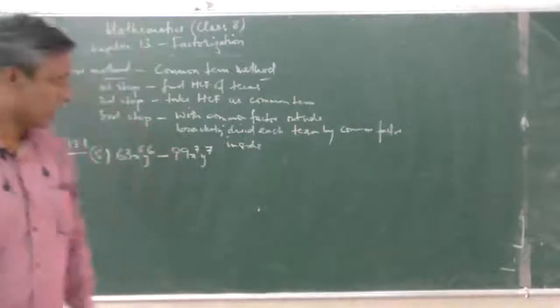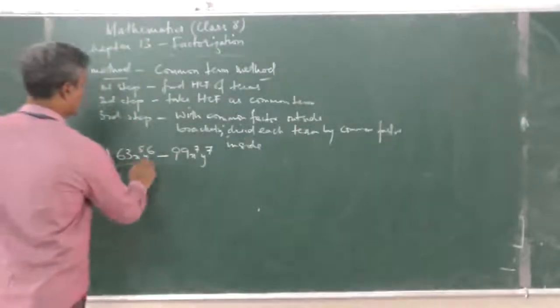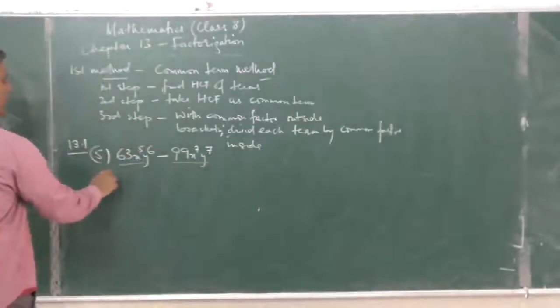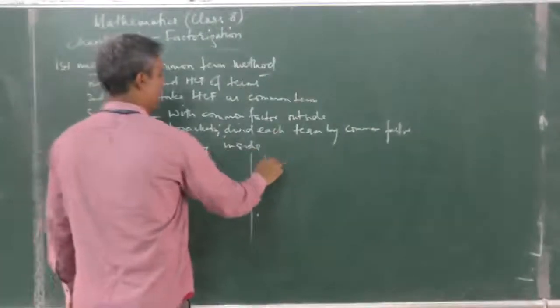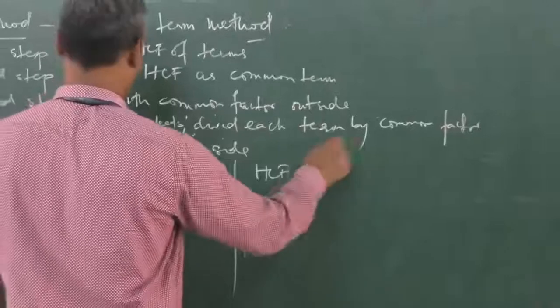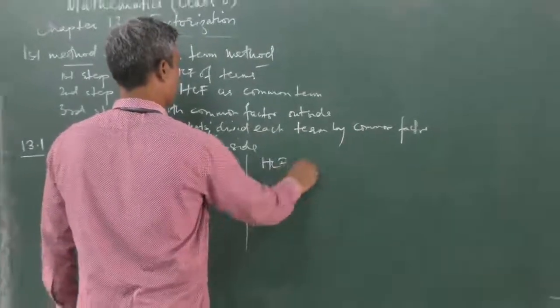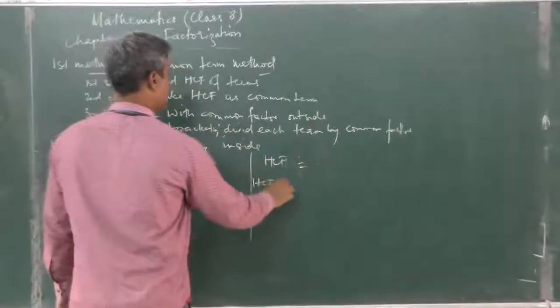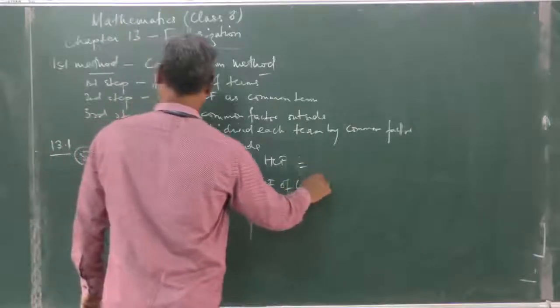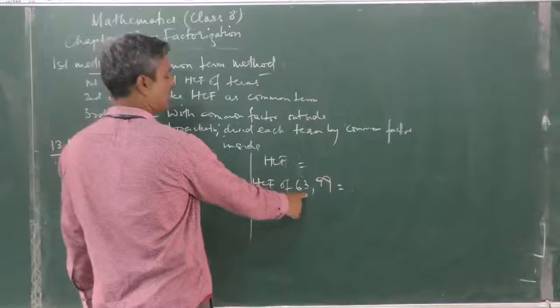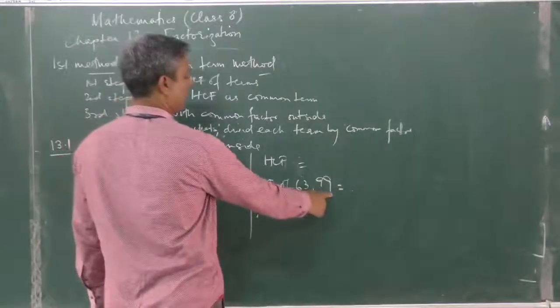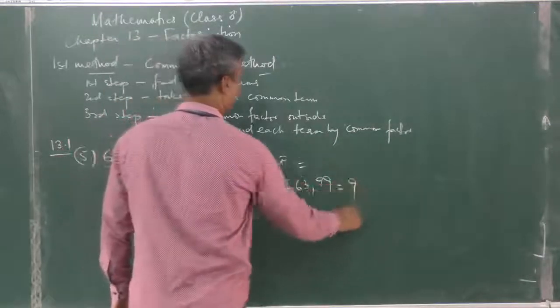Now if you look at these two values to find the HCF, let us do it in rough work. First we will find the HCF of 63 and 99. 7 nines are 63 and 11 nines are 99. So the common factor is 9.